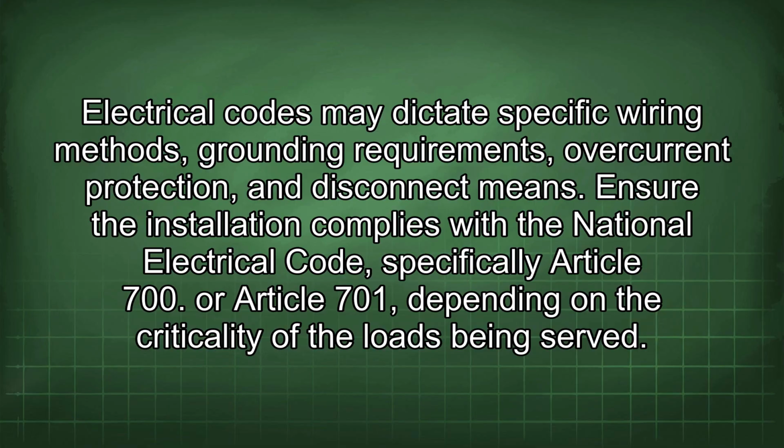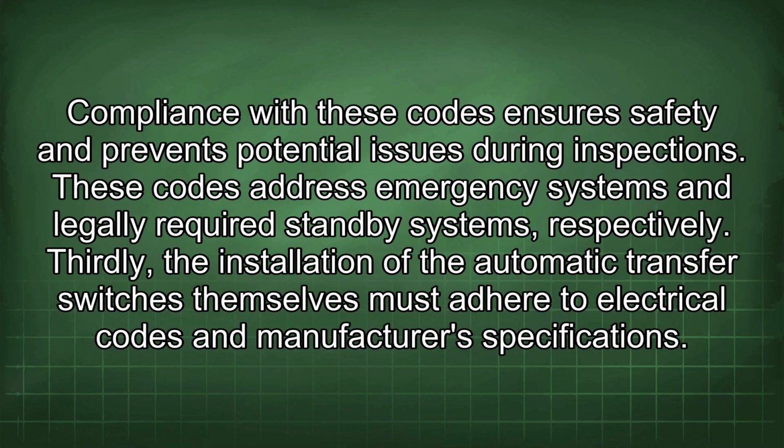Ensure the installation complies with the National Electrical Code, specifically Article 700, or Article 701, depending on the criticality of the loads being served. Compliance with these codes ensures safety and prevents potential issues during inspections. These codes address emergency systems and legally required standby systems, respectively.